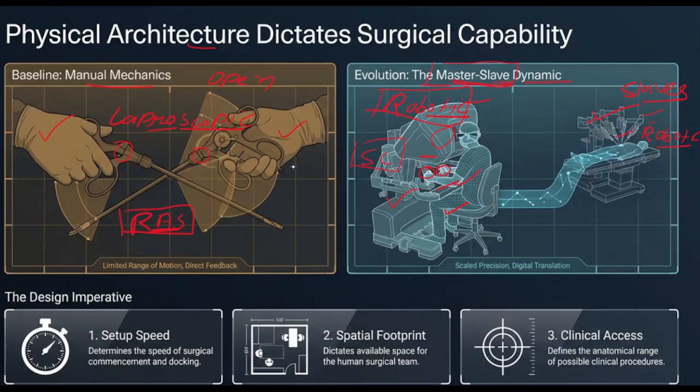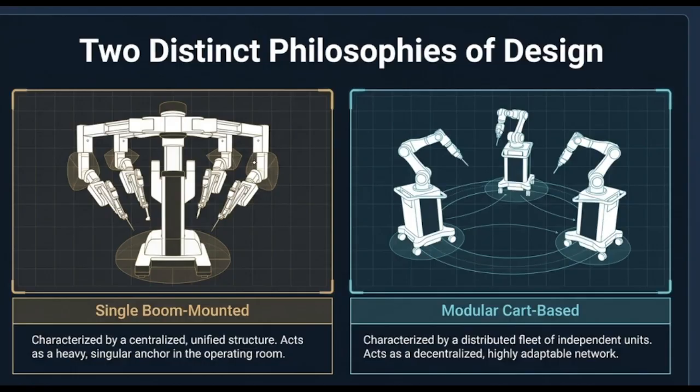Robotic assisted surgery is divided into two parts. There are two distinct design philosophies for robotic surgical systems. The first is single boom mounted, and the second is the modular cart. The single boom mounted concept comes from Intuitive Surgical, the market leader in robotic surgical systems.